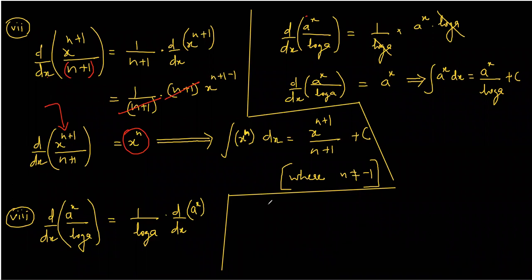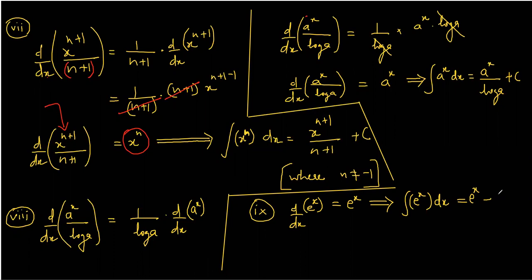Then next it is 9th. I write d by dx of e raised to x. You know, d by dx of e raised to x is e raised to x. So this implies integration of e raised to x with respect to x is also e raised to x plus c.